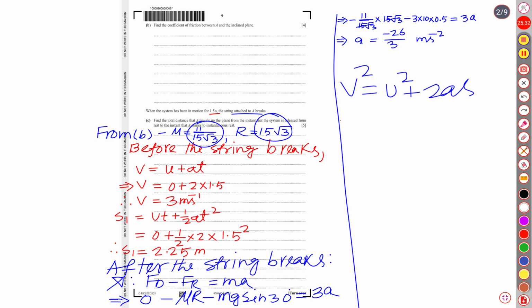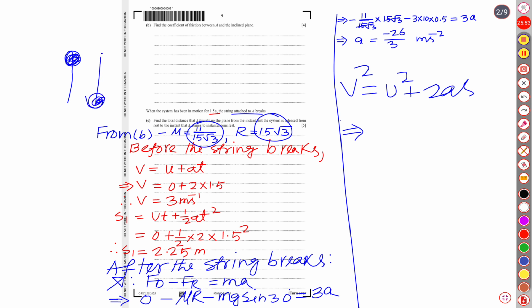You know this formula, a relationship between velocity and displacement, and the final velocity must be zero. Look at this, the particle A was moving like this. At one stage it stopped and came to instantaneous rest, then it started moving downward again.